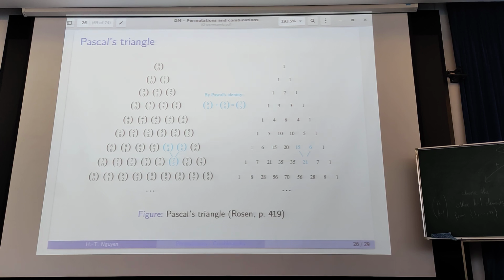Okay? So you can go on as you like to calculate the rows. You can use this identity, and you don't need to know the rows above. You only need one row in order to calculate all the rows below it. Okay?